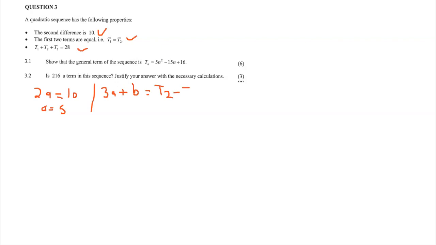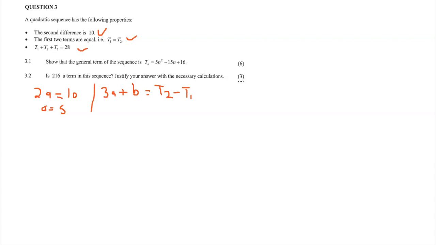Remember, they're telling us that the first two terms are equal, so t2 and t1 are the same value. The difference of the same value will always give us 0. For example, if t1 and t2 are both 4, then 4 minus 4 is 0. Any number that is the same, when you find the difference, is always going to be 0.